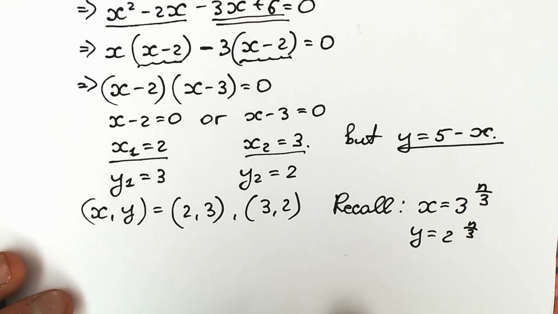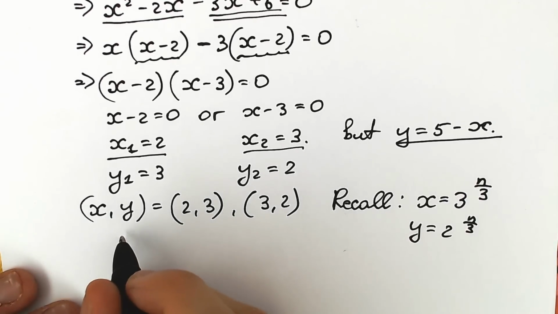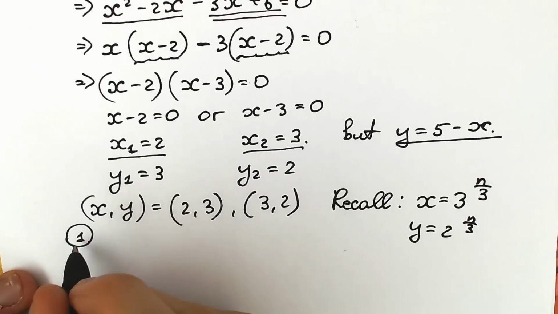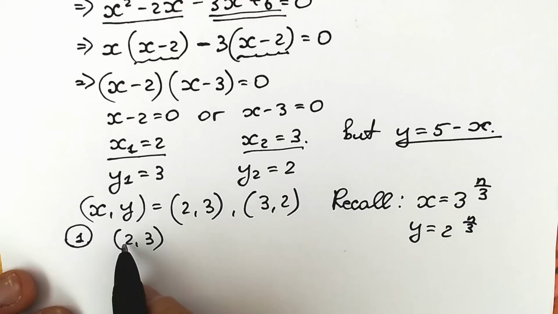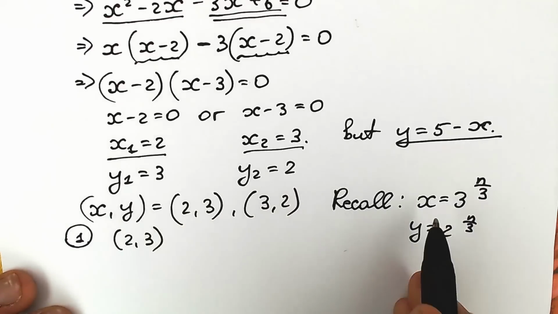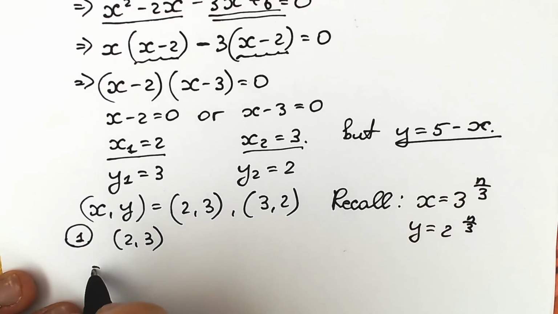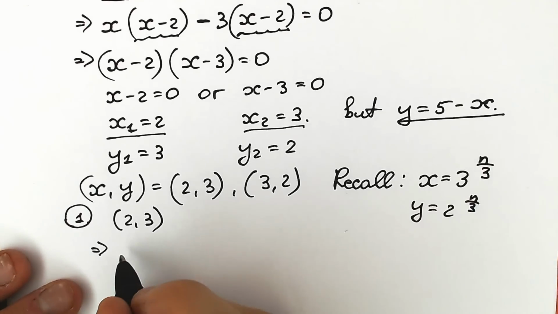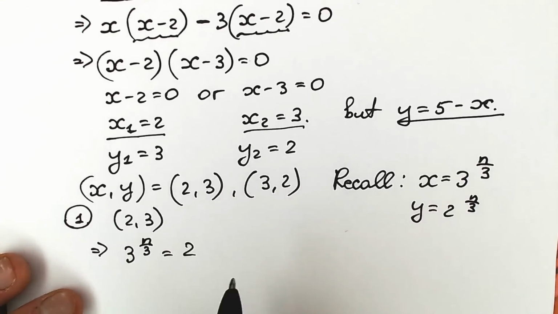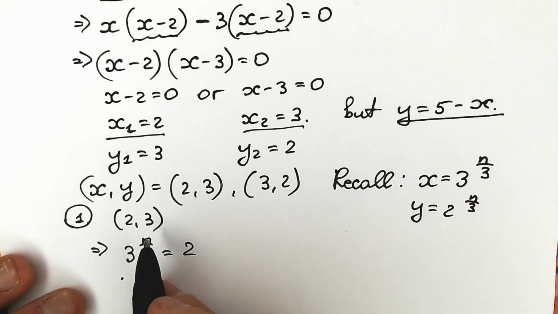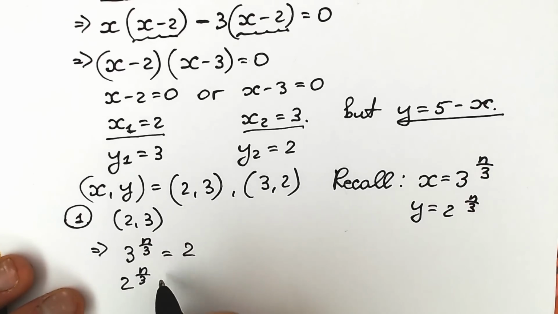So we have two cases. Let's consider the first pair, the first case, 2 and 3. We're talking about x equal to 2, y equal to 3. So 3 to the power n over 3 is equal to 2, and 2 to the power n over 3 is equal to 3.